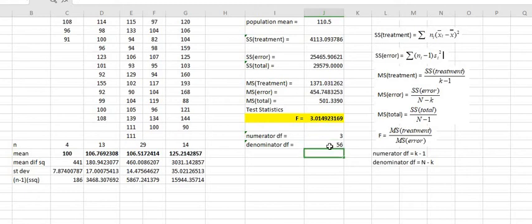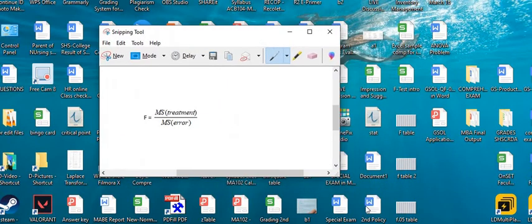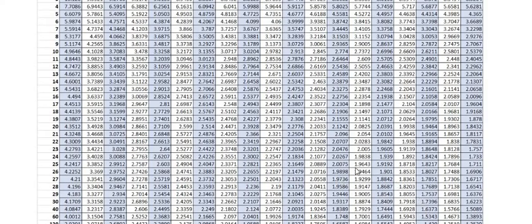Enter. So 56. Okay, so we will now look at our table for F. We will be using F at 0.05.